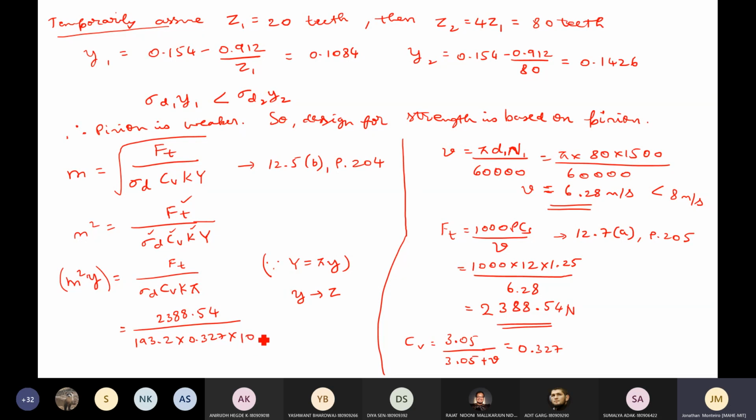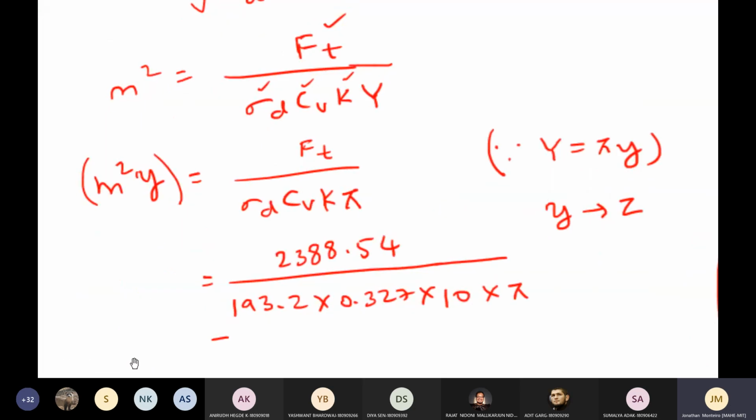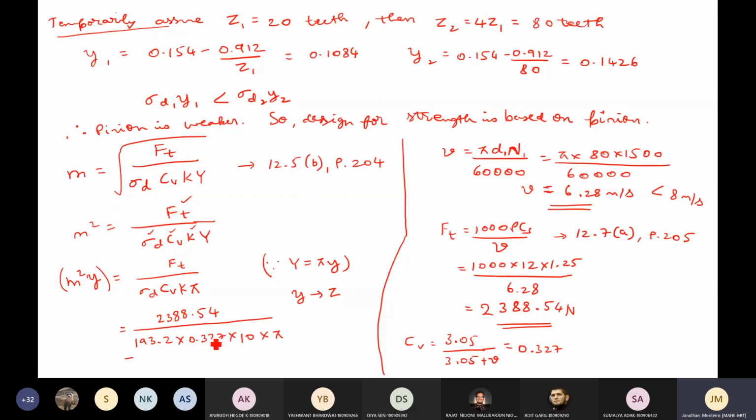K value is 10, and this is pi constant. So how much will it come out to be? M square y required is 1.2. Is it 1.2? Okay, fine.